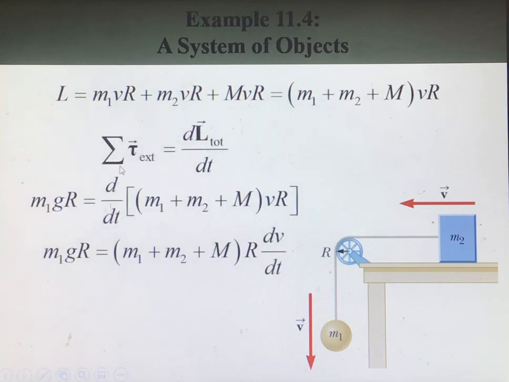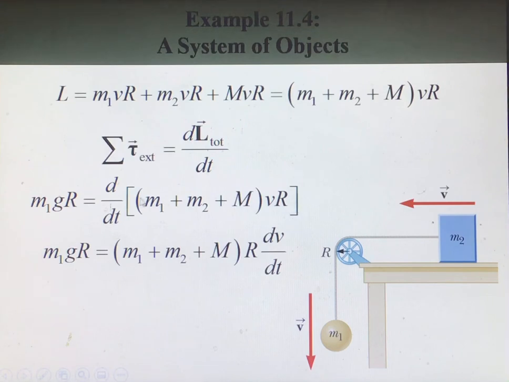Now I can write my total torque. The only torque is coming from M1, the hanging mass right here. This torque is produced by the force of gravity. When I calculate the net torque produced by M1, I have force times distance. M1 times g is my force, and the distance at 90 degrees is just R. This equals the derivative of all of this quantity right here.